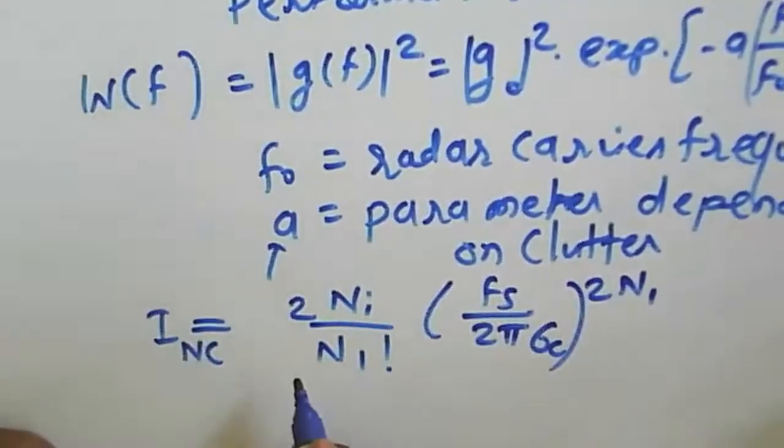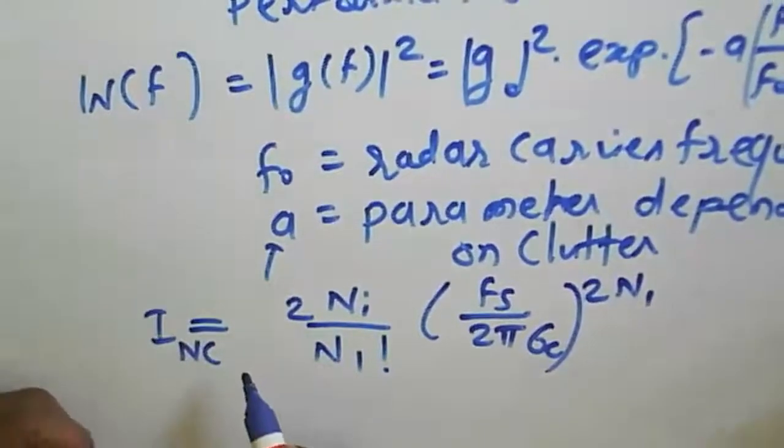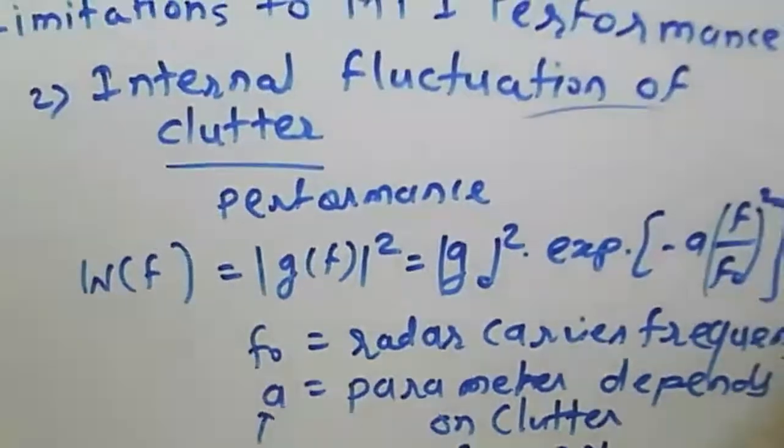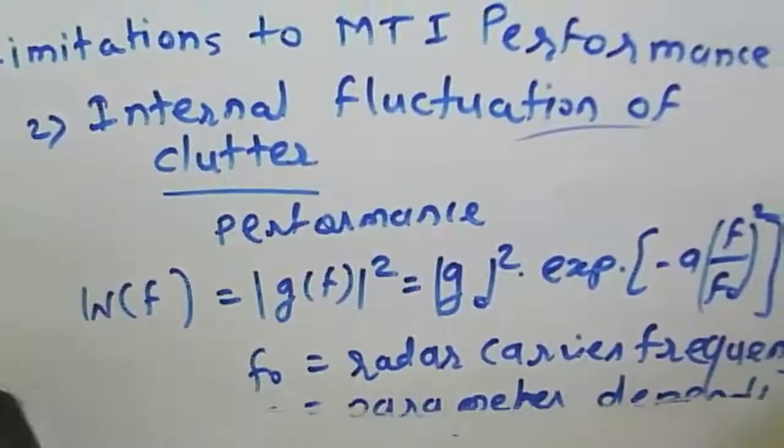So this is the improvement factor for the n pulse canceller with n1 equal to n minus 1 delay lines.